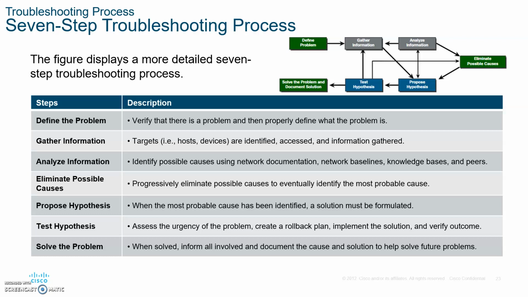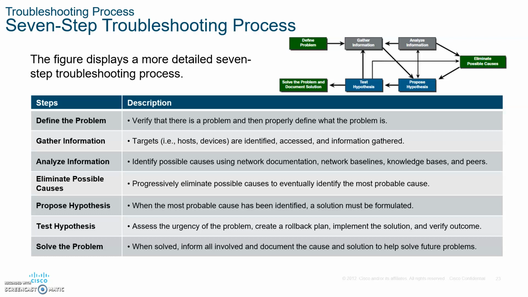So one of the first things you are going to do is define the problem. Okay, what is the problem that we're talking about? Is it a network? Is it a local host? Whatever. Then gather as much information as you want. Most likely, you are going to ask the host, who's the user, what kind of problem do they have?